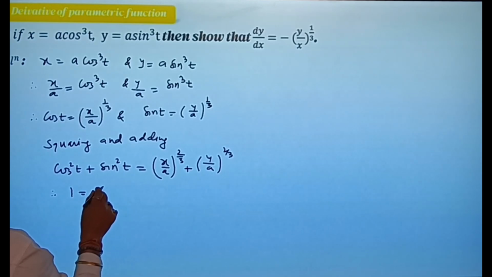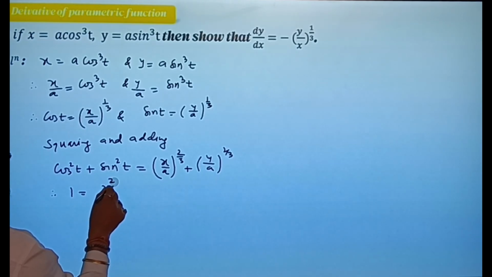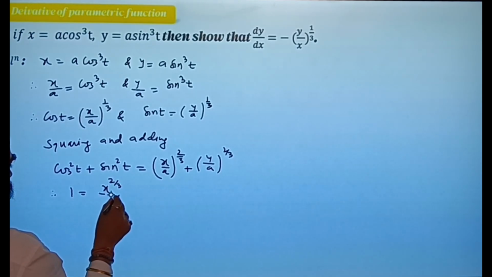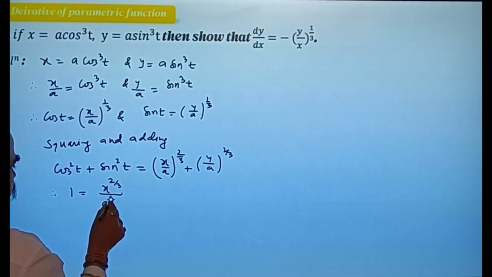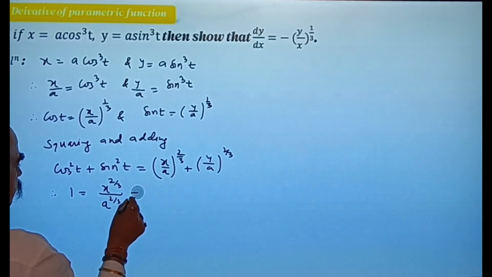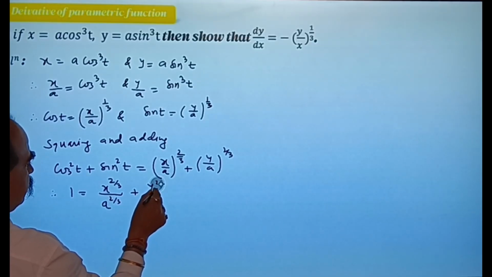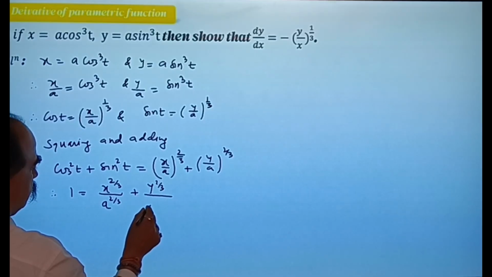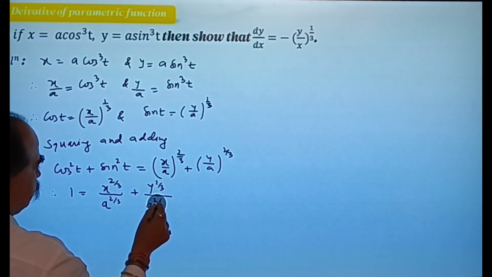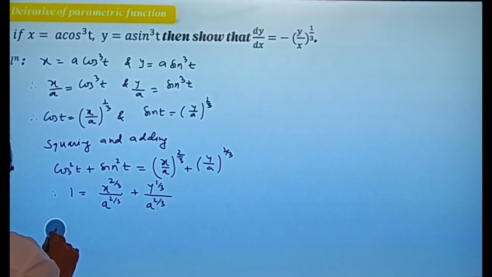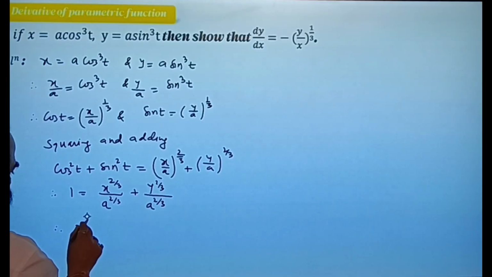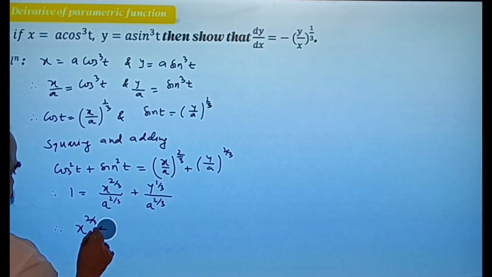So 1 is equal to x raised to 2 by 3 upon a raised to 2 by 3 plus y raised to 2 by 3 upon a raised to 2 by 3. So x raised to 2 by 3 plus y raised to 2 by 3 is equal to a raised to 2 by 3.